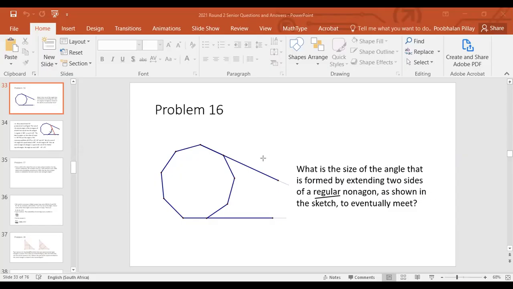So you've got 9 equal exterior angles, which add up to 360 degrees. Why exterior? Because I can see two exterior angles here. I want to calculate these exterior angles. So each exterior angle is equal to 40 degrees because it's 360 divided by 9. They're all equal. So these angles are both 40.